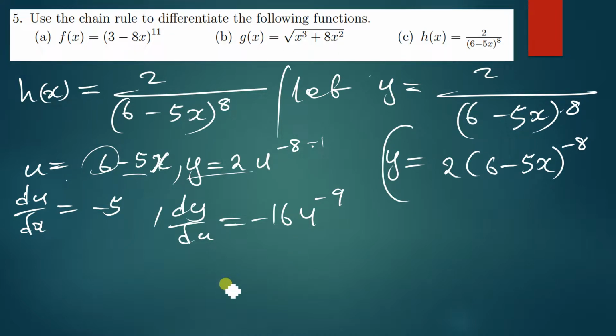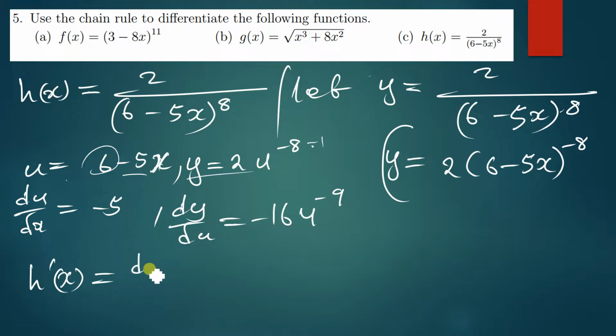Okay, so here it's just a matter of replacing this in the formula. So our h prime of x will therefore be equal to dy du or du dx. Multiplication is commutative, you can start with anything.